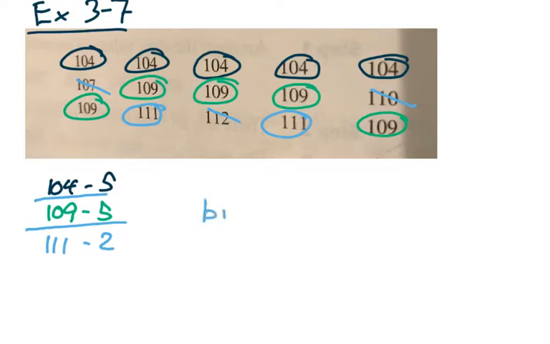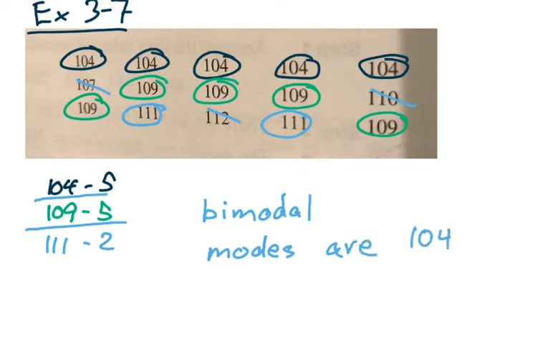This is bimodal, that means there's two modes, and the modes are 104 and 109. That's all we got to say, right?